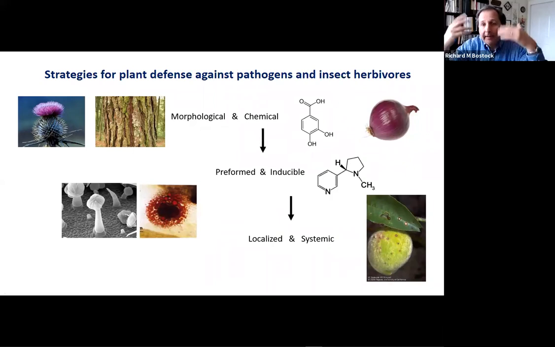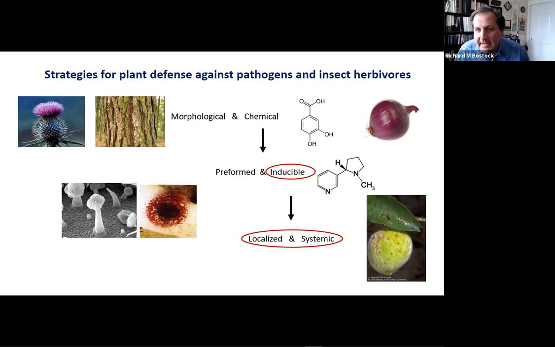Or the plant can be alerted systemically, such that these defenses can be manifested somewhere else in the plant other than at the leaf or the site of attack. We call these systemic responses, and that's what I'm going to focus on today with induced resistance. So these are inducible, and some of it's localized, but I want to focus on the systemic responses.